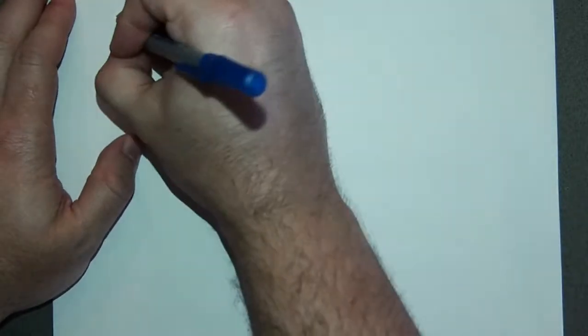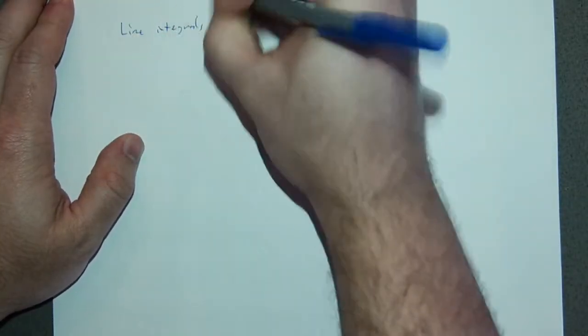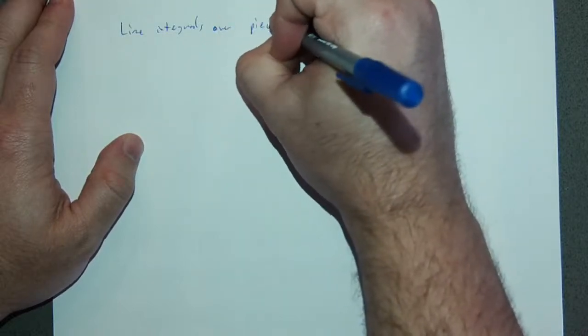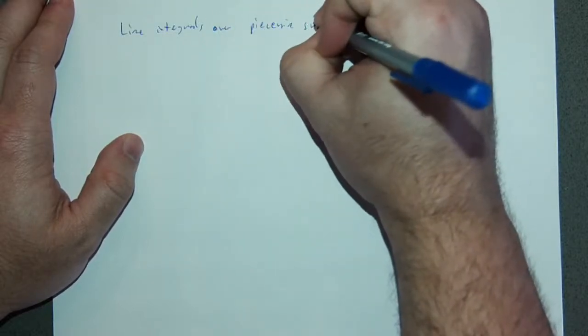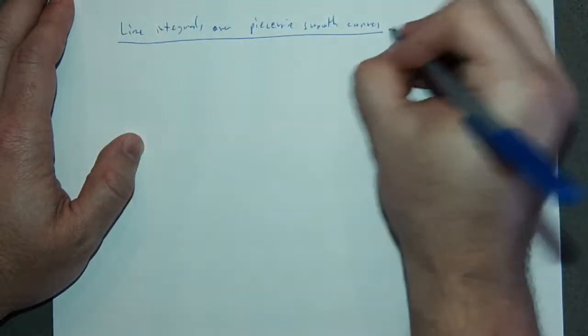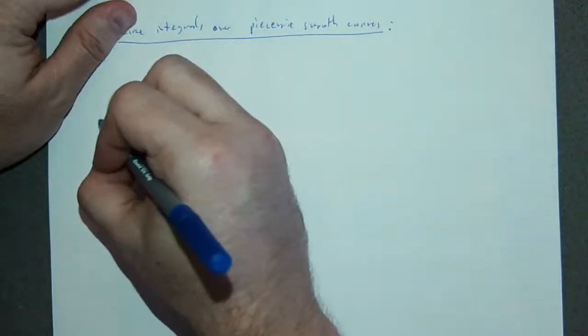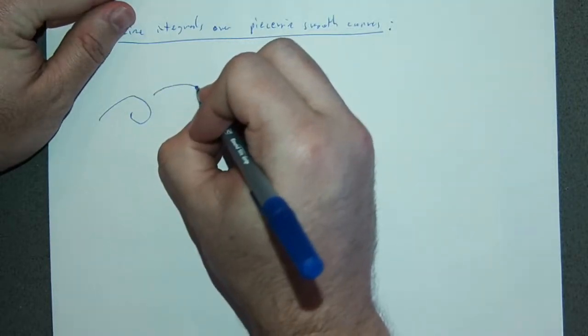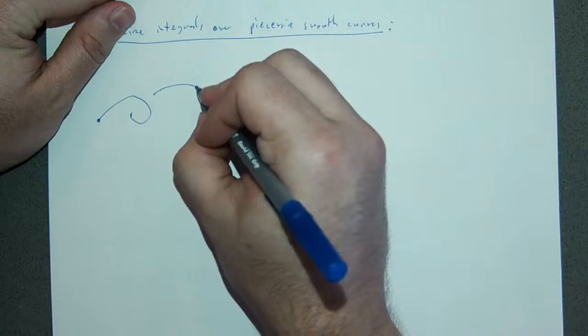So I wanted to talk about line integrals over piecewise smooth curves. So the idea is I have some curve in space maybe, but it looks like this.